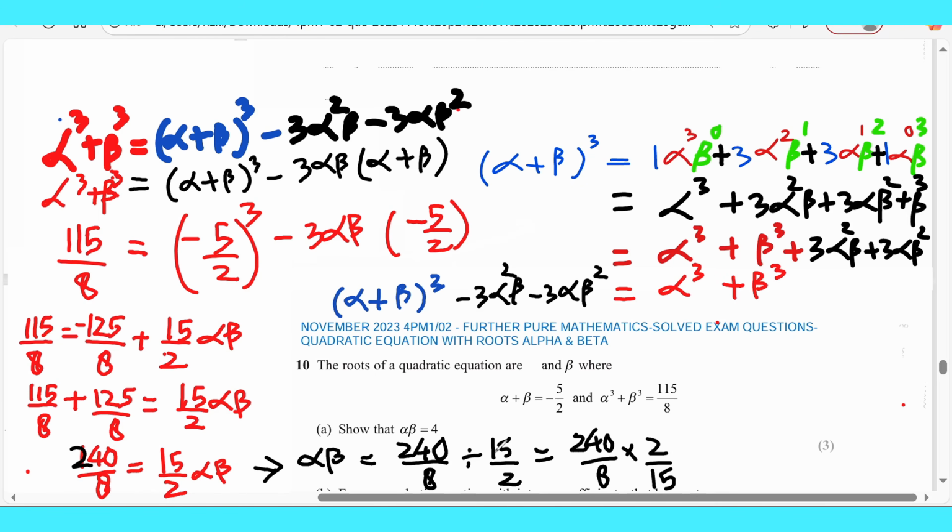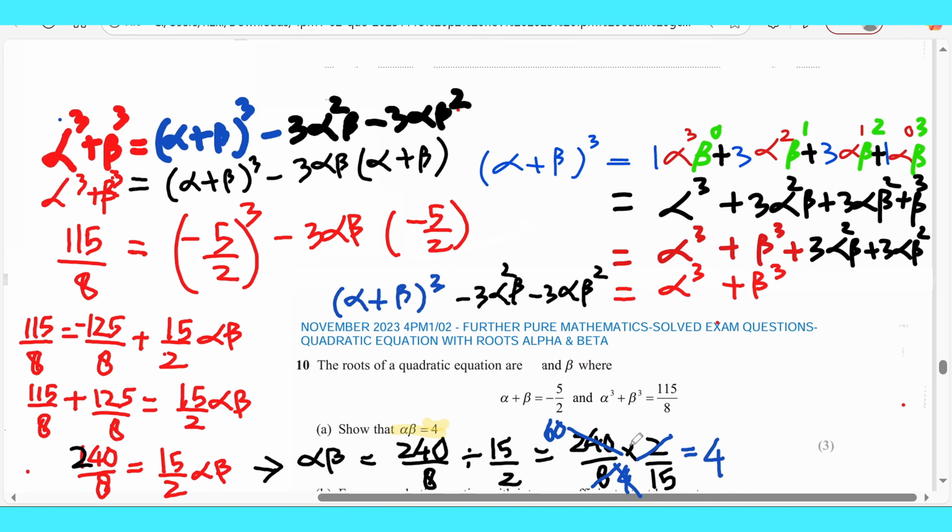So 2 and 8 become 4, and 240 and 4 is 60. Now 60 divided by 15, we will get 4. So that is how we show it is proved. We got our answer that alpha beta equals 4.